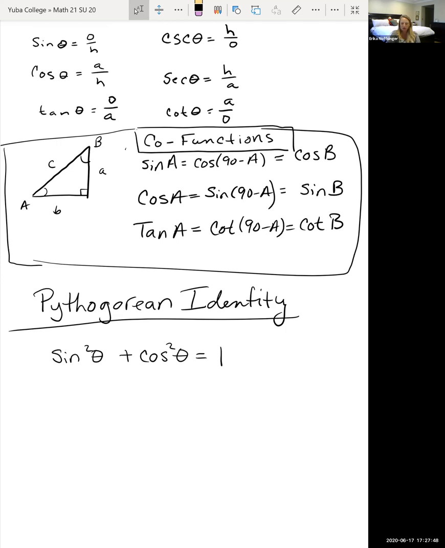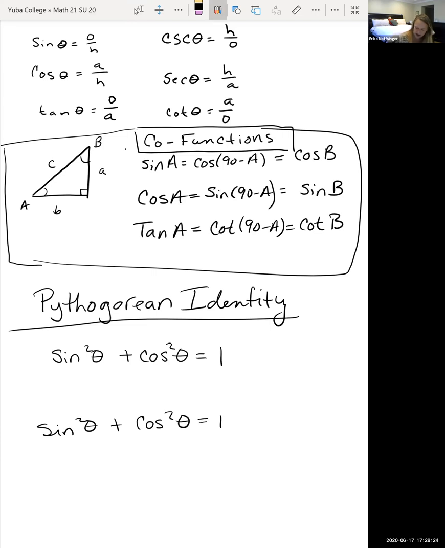So let me show you how you can quickly derive those other 2 Pythagorean identities, which deal with either cotangent theta, secant theta, or cosecant theta, or tangent theta. You basically divide every single term by either sine squared theta or cosine squared theta. So if we took our original identity and, because this is an equation, whatever we do to one side, we have to do to the other side.